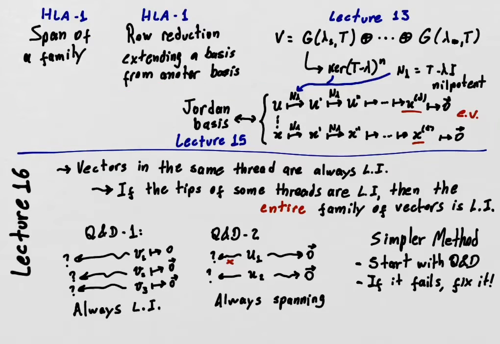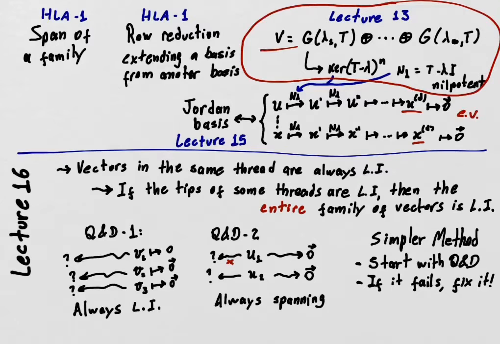Now, before we can talk about how to compute a Jordan basis and understand how to compute it, let's briefly recall how we define a Jordan basis. We know from this very important lecture 13 that our vector space can be decomposed as a direct sum of generalized eigenspaces for our operator T, and it's very convenient because T is invariant when restricted to these, so you can restrict it to these spaces, and once you restrict, it is nilpotent.